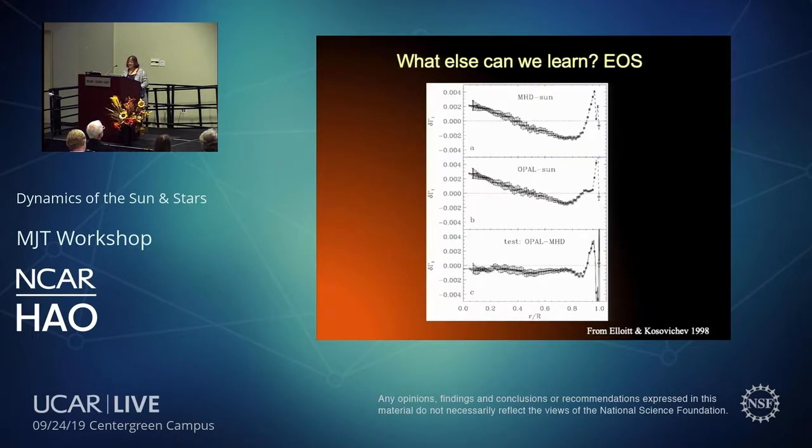Equations of state. So Julian Elliott and Sasha Kosovichev showed that the then OPAL and MHD equations of state made models where gamma 1 did not agree with the sun. Now, this was surprising, that the disagreement was in the core, because you thought, oh, core, ideal gas, gamma 1 is 5/3. Why on earth is it not agreeing?